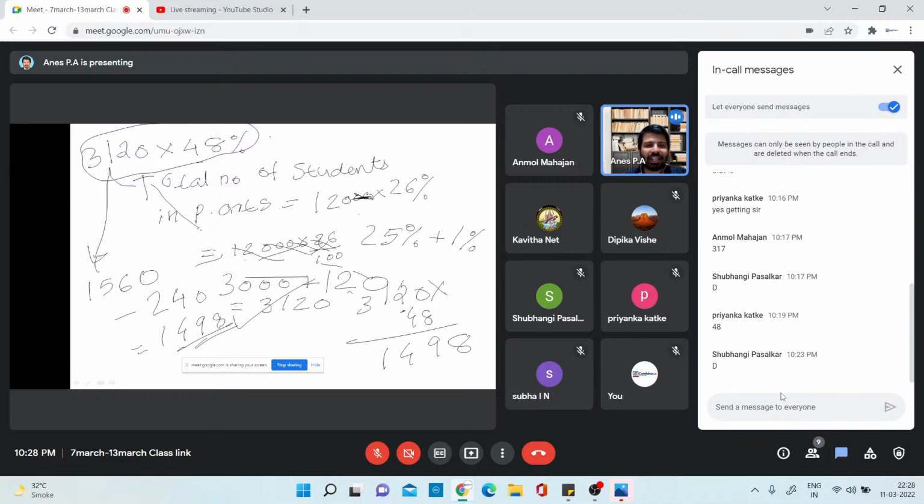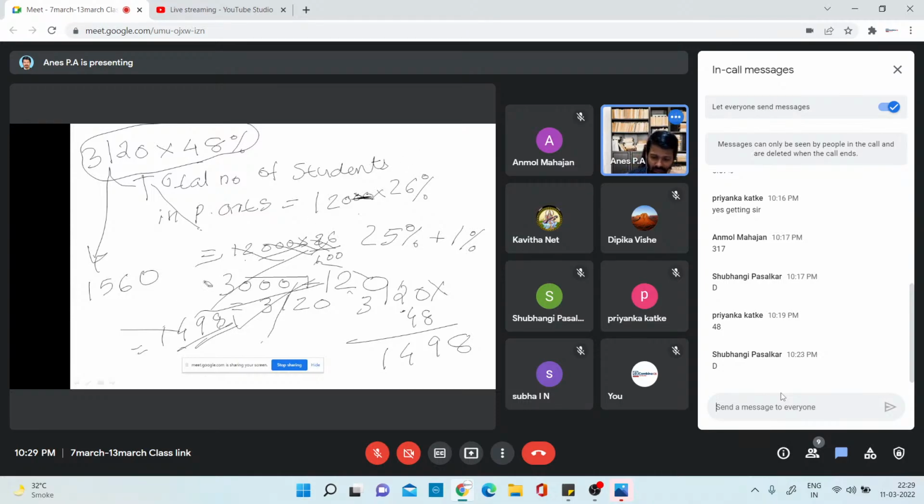I will rub it. We need to find 3120's 2%.